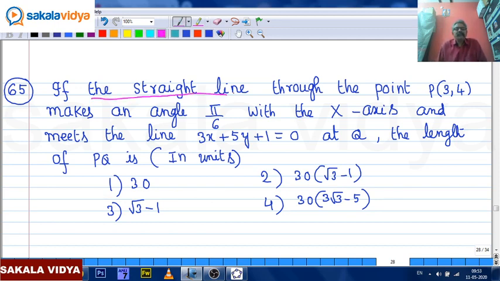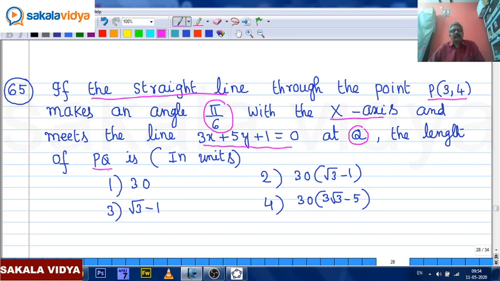If the straight line through the point P 3, 4 makes an angle pi by 6 with the x-axis in positive direction only and meets the line 3x plus 5y plus 1 is equal to 0 at Q, then we need to find the length of PQ. That means we need to find the equation of the line passing through the point 3, 4 and making angle pi by 6, tan 30, whose slope is 1 by root 3.